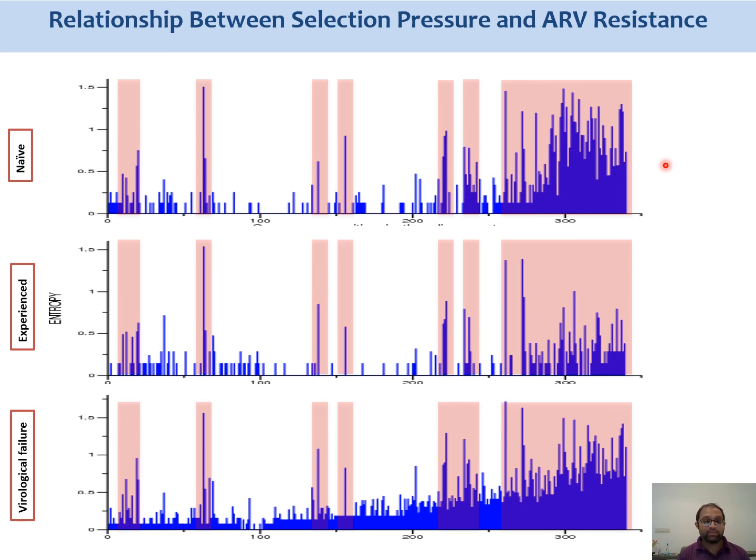The other important point that caught our attention was the maps between naive, experienced and biological failure. The patterns of entropy for biological failure do not resemble those of experienced patients, but those of naive patients.